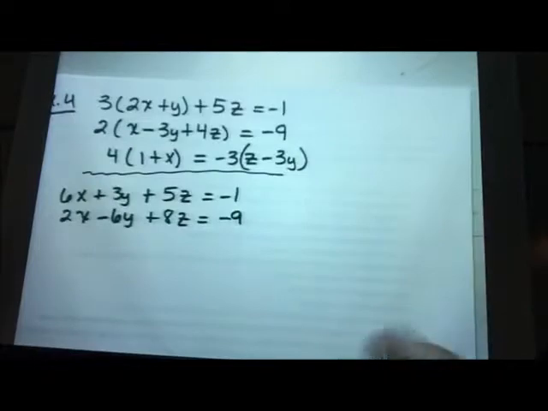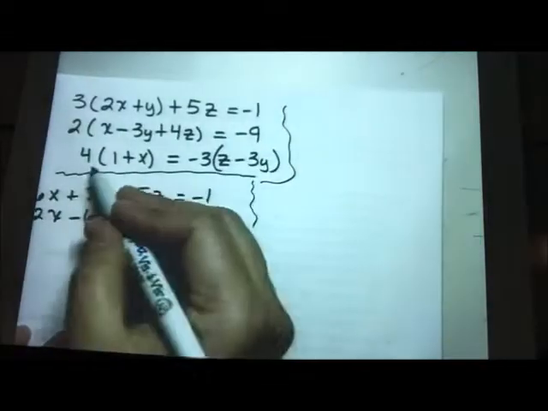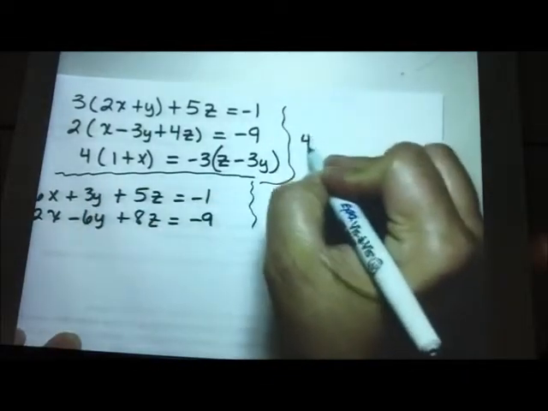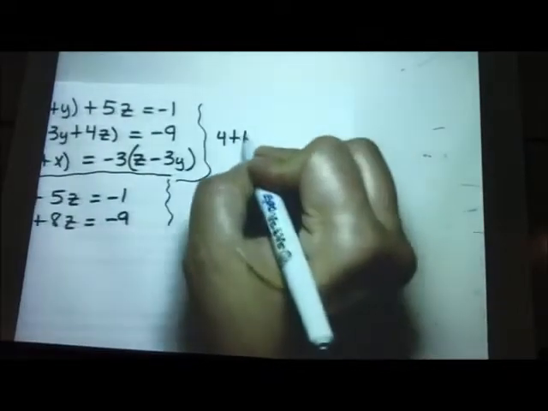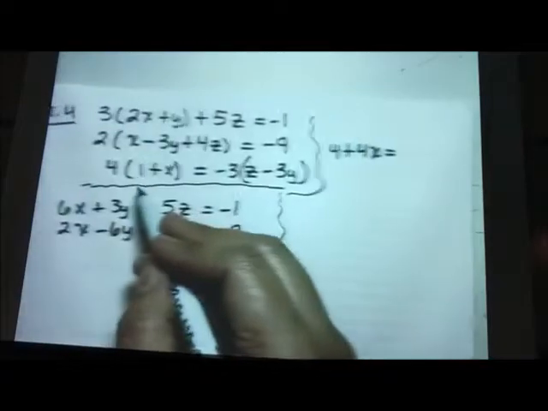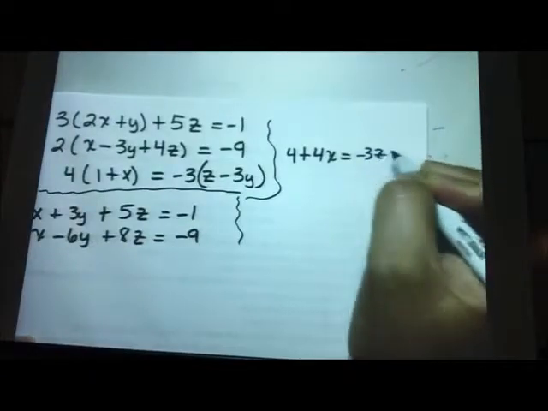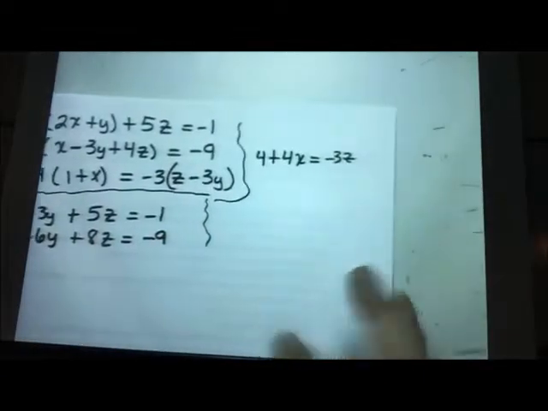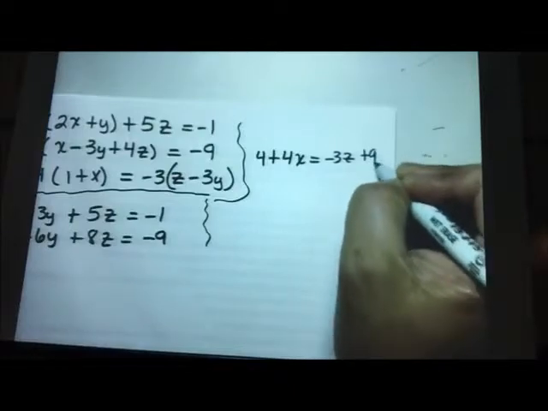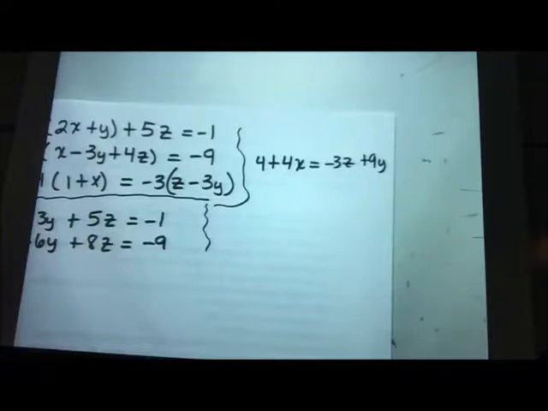So let me go ahead and do the little work over here just so you can see. That's going to become a 4 plus 4x equals, so 4 times 1 was 4, 4 times x is 4x. The negative 3 times z is a negative 3z, and the negative 3 times negative 3y would become a positive 9y. So we have to put them in order. X, y, z equals a number.